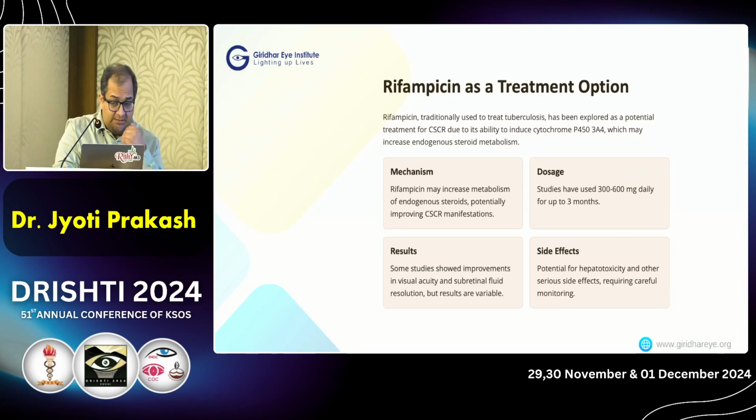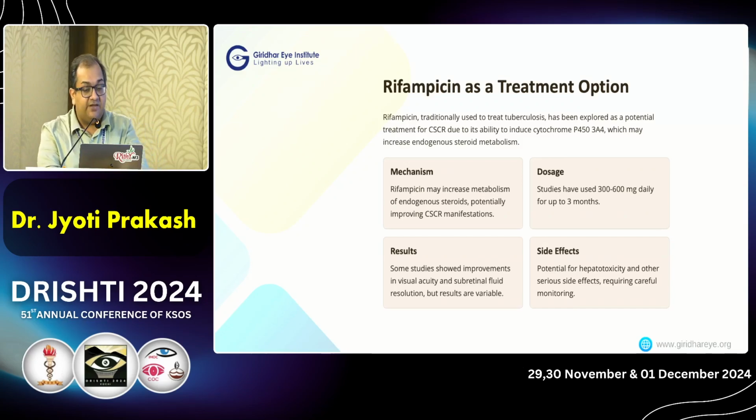The dose advised was somewhere between 300 to 600 milligrams, but I deliberately made a point to put it here just to caution everybody to use this, because in a country like India, where tuberculosis even today is a very important medical concern, and it is a second evolving epidemic following HIV, these drugs should not be used unless there is no other treatment option available, which actually is not the case.